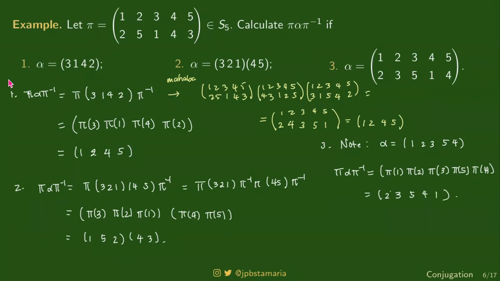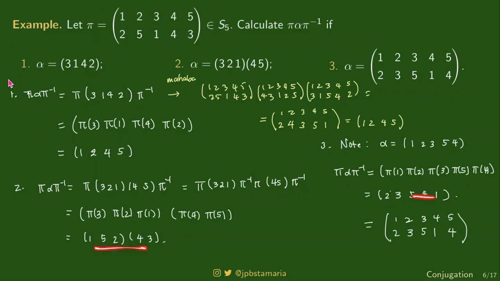But let's say I wanted you to write the answer in this form as well. Kung gusto nyo lang, di sulat nyo lang. Paano yan? Si 2 pupunta sa 3, si 3 pupunta sa 5, si 5 pupunta sa 4, si 4 pupunta sa 1, at si 1 babalik sa 2. So just in case you would like to express your answer this way. But ako, I always would prefer the cycle decomposition form.